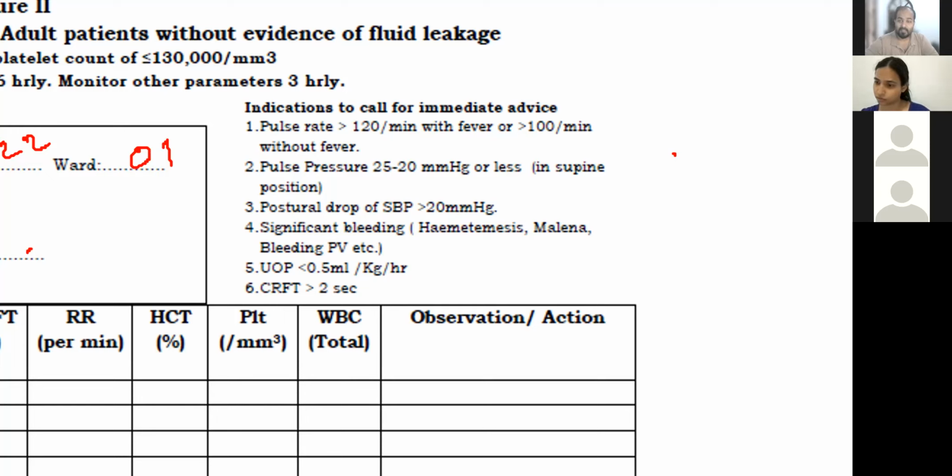Next is the capillary refilling time. It is a very easy thing you can do in every bedside moment, while you're talking to the patient, while you're doing the ward rounds. So your pulse rate, pulse pressure, postural drop, bleeding manifestations, the urine output, and then finally the CRFT, right?